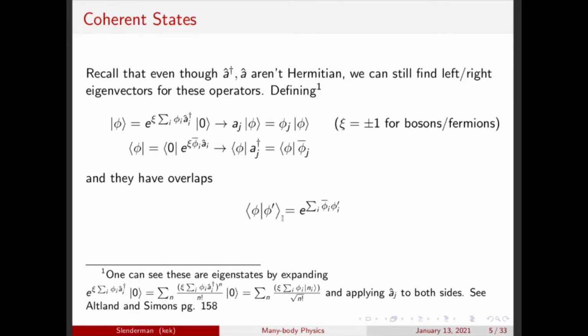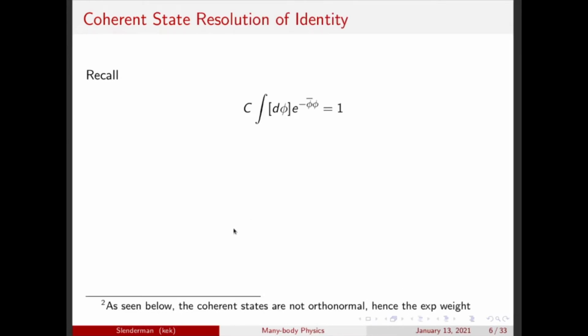These two different basis vectors actually have finite overlap given by this. I'm taking this discussion, by the way, from Altland and Simons, page 158. Okay, so we are going to use these coherent states to turn our Hamiltonian into a path integral or a functional integral.